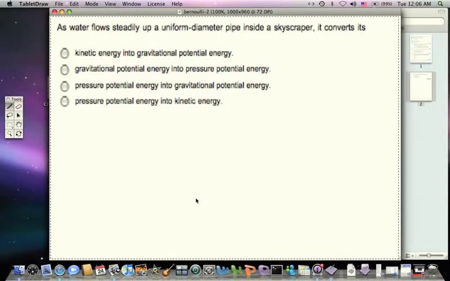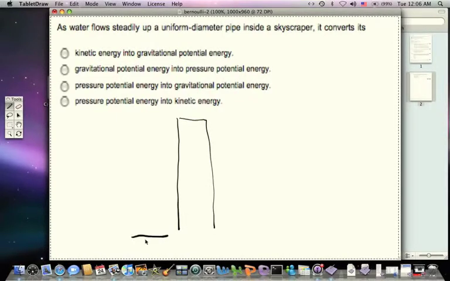And really what's happening here is you have some skyscraper here, and you've got a water pipe coming in on this side, and the idea is it goes up. Now the idea is that the kinetic energy can't really change because, assuming the pipe has a constant diameter, the velocity going in is equal to the velocity as it goes up the pipe, and so the kinetic energy doesn't change.